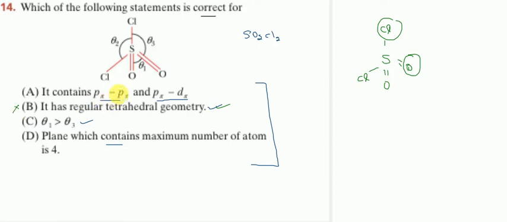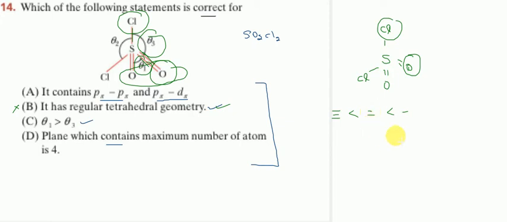Then, theta 1 is greater than theta 3. Here there are two oxygens with double bonds, or here one chlorine and one oxygen, one single bond and one double bond. We know very well that a triple bond has a shorter bond length than a double bond and a single bond. The bond length is greatest for a single bond, then double, then triple.